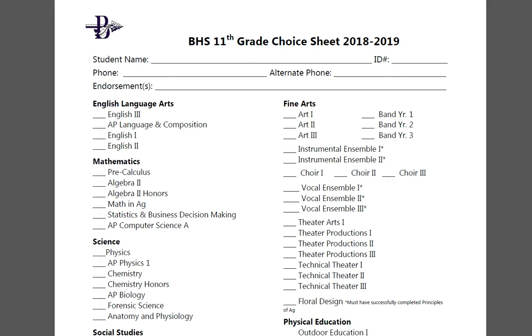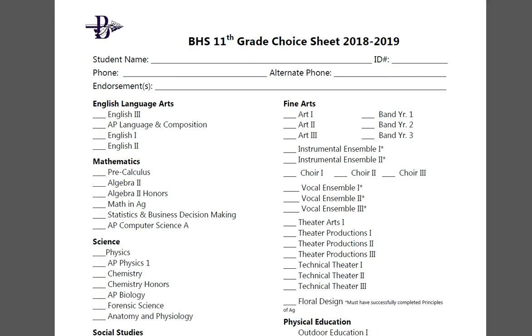If you're finishing up Algebra 2 or Algebra 2 Honors this year, for next year, you will go into pre-calculus. Pre-calculus is also weighted on that 7-point scale. If you have any questions, you can talk to anybody in the math department, or me. I'm Miss Lowry. You can speak to me as well.